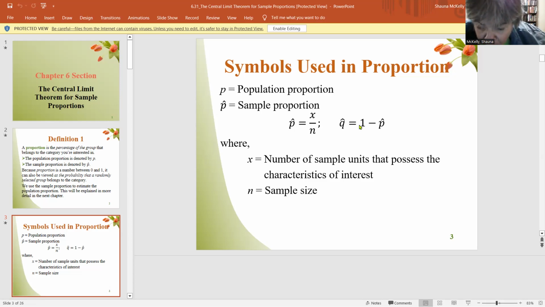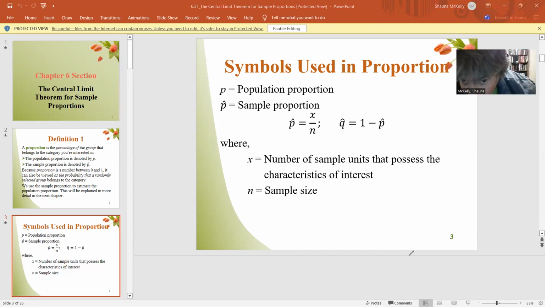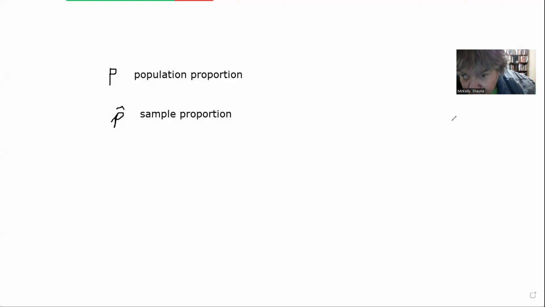But when we talk about the problems in this section, we're going to be talking about situations where we're using the normal distribution. And remember that when you hear that word normal, I want you to think about bell-shaped curves.